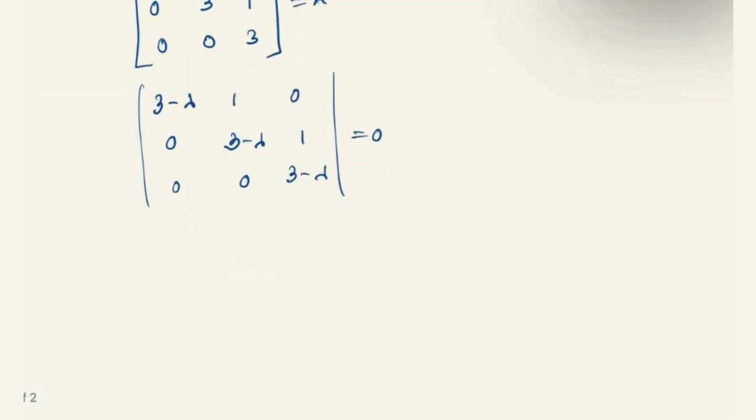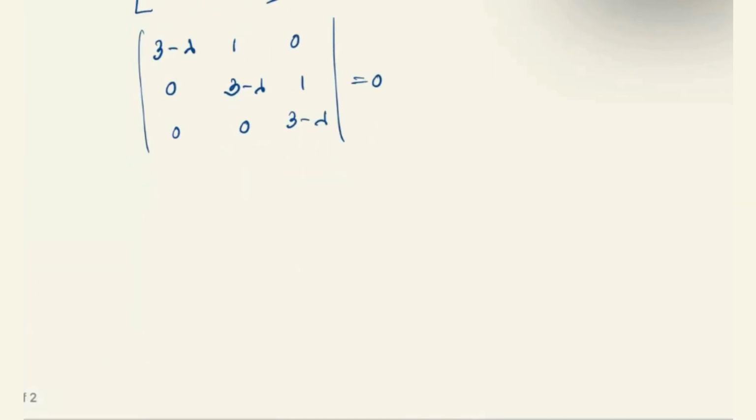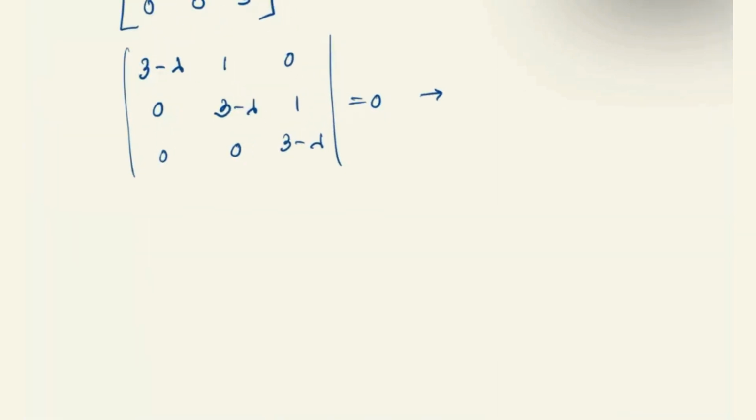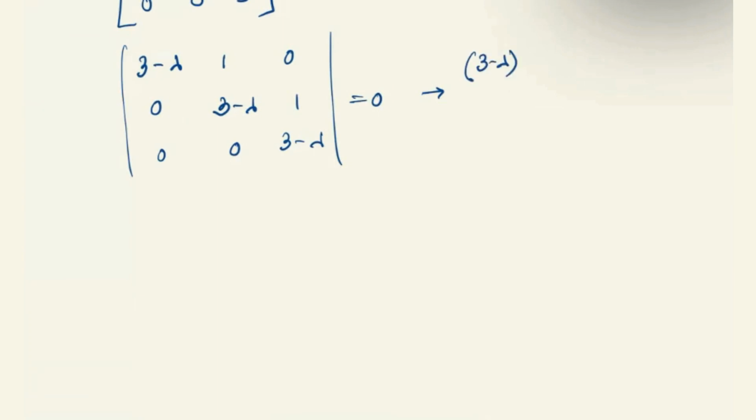And you don't need to do any row operation because it is already in triangular form. So just expand it. It is a simpler example, but you could have done something else as well. So that is 3 minus lambda into 3 minus lambda square minus 0, so it will be this.